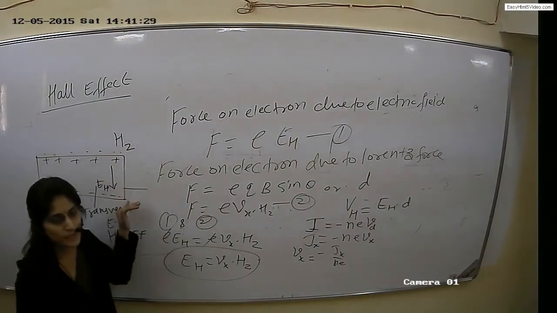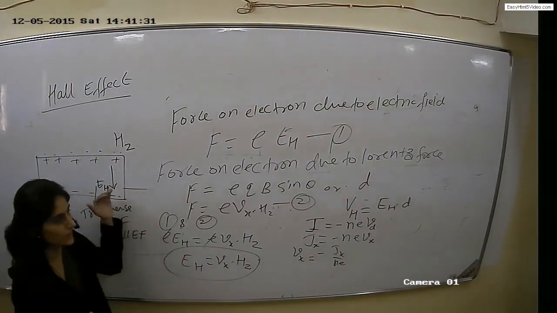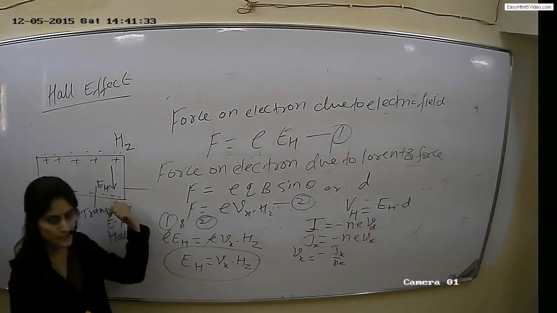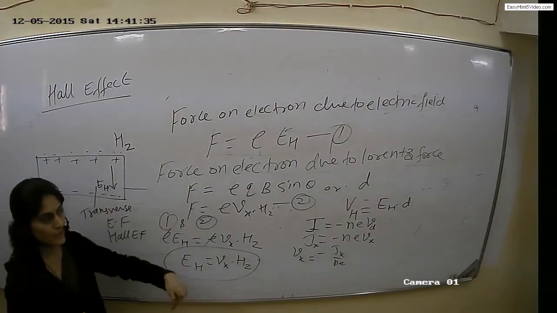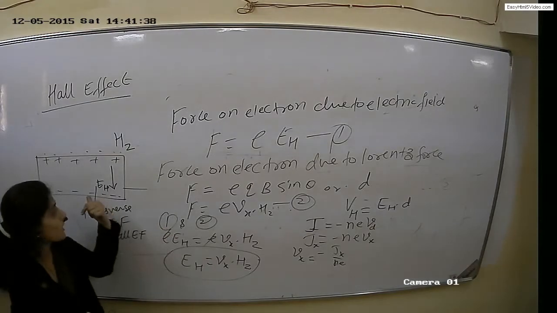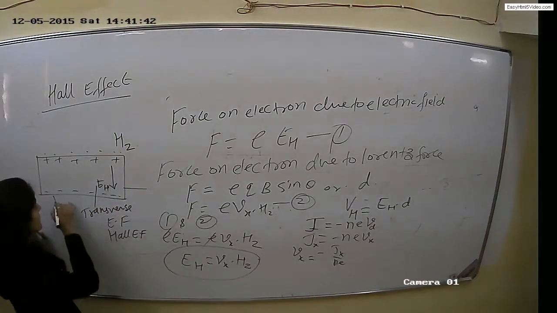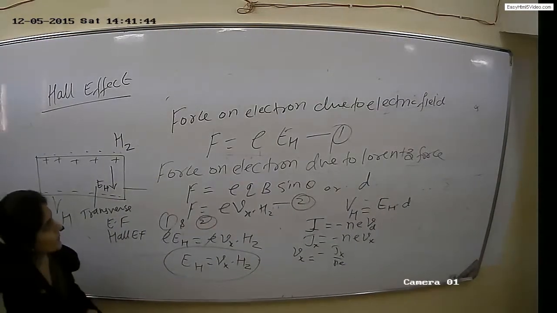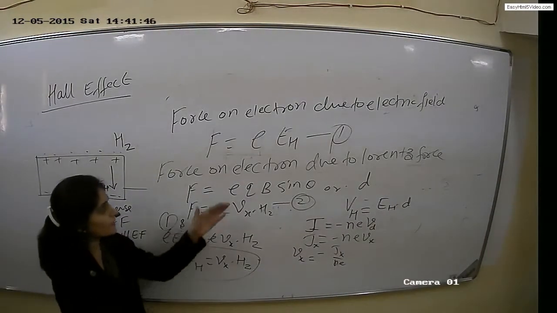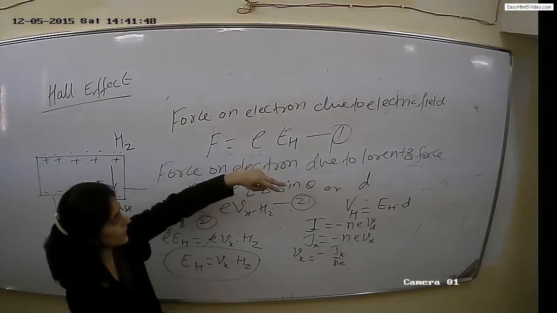Due to positive and negative charges on the surface of the conductor, an electric field is developed in the negative direction, which is called Hall electric field, and the potential difference developed across its ends is called Hall potential. So for the derivation of Hall electric field, on electron there are two types of force acting.